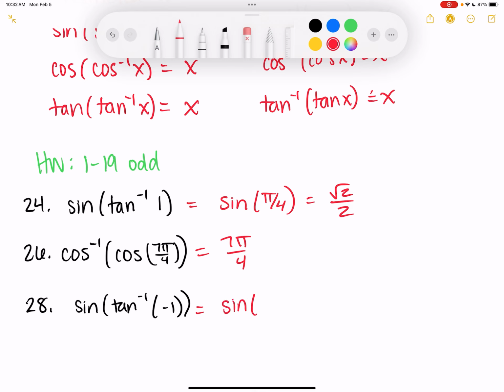Yep, negative pi over 4. I'm glad you remembered that it was that and not 7 pi over 4. Now, in this case it would work because you'd get the same answer, since you're doing the sine part after, but it's just rules and we have to follow them. And then that would be negative root 2 over 2.